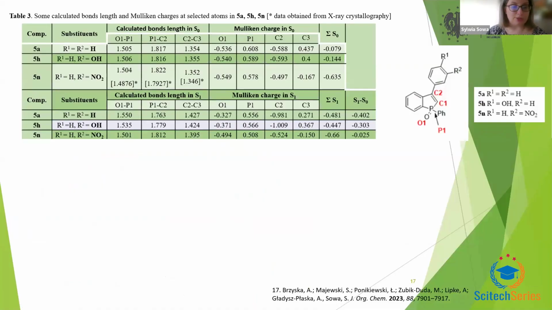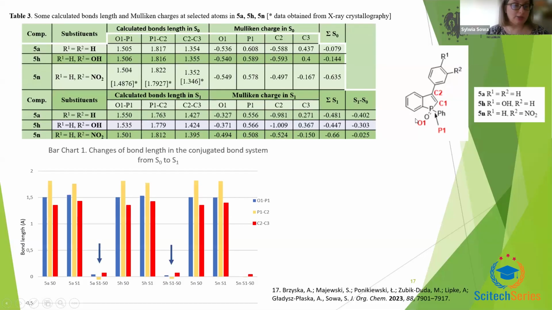Most of the data from this previous geometric study was collected in table 3, and this table shows the bond lengths and Mulliken charges related to the conjugated bond system.